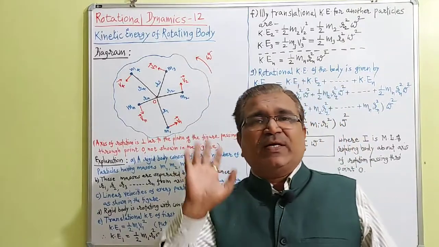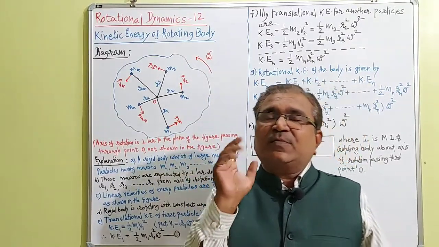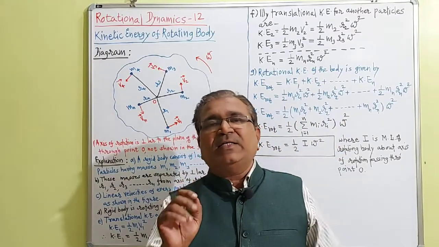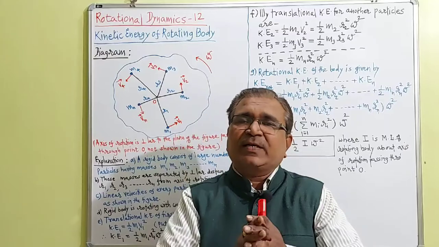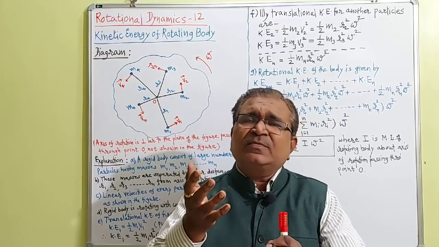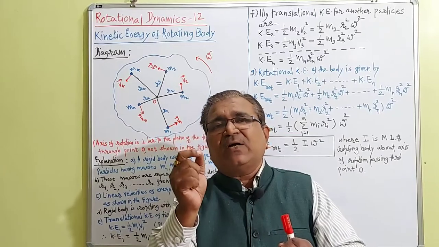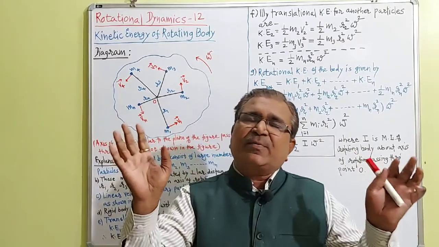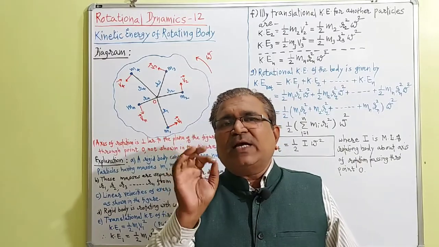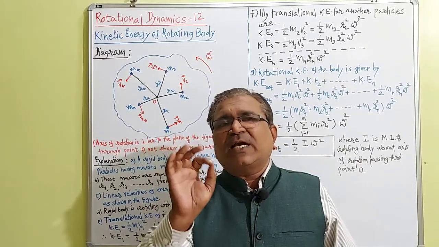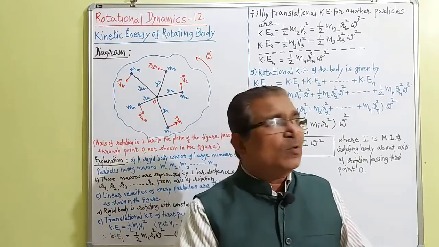This is equation 1. After calculating the kinetic energy of the first particle, KE1 is equal to 1/2 m1 r1 square omega square, similarly we can derive the kinetic energy of the remaining particles, KE2, KE3 ... KEn. I have already written them on the board.